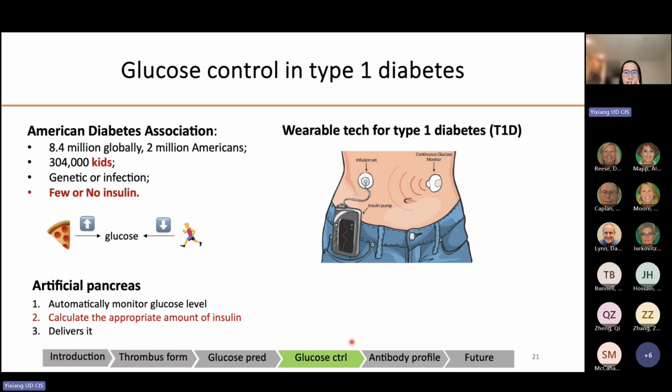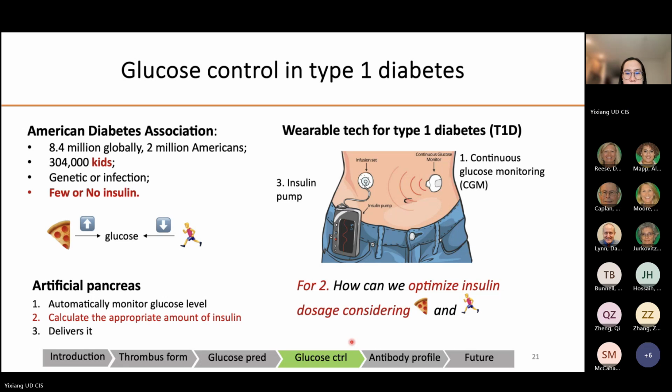The wearable technologies for type 1 diabetic patients are shown by this sketch. For accomplishing the first task, there is the continuous glucose monitoring used in the previous study. And then the insulin pump will be developed to deliver the insulin.